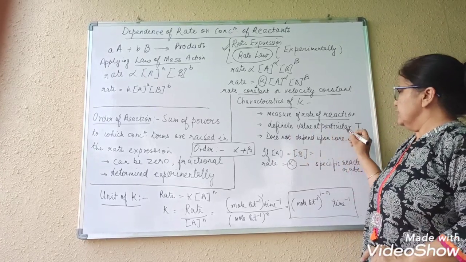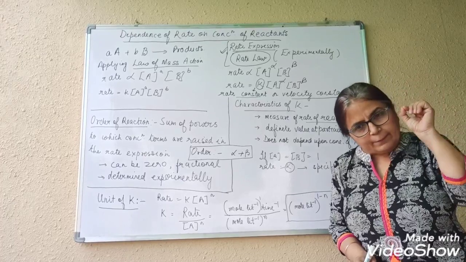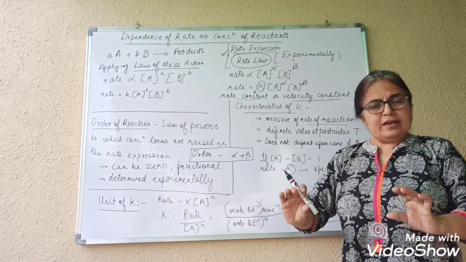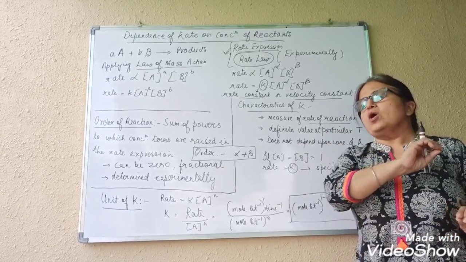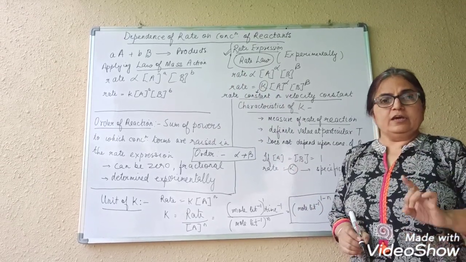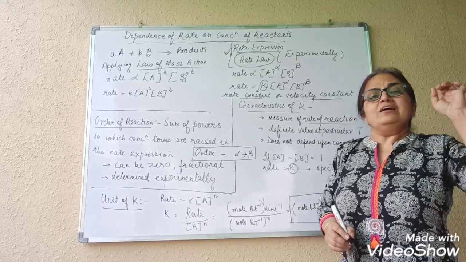The second factor is that K has a definite value only at a particular temperature. That means for one particular reaction carried out at one temperature, throughout the completion of the reaction, K will remain fixed. If I change the temperature, the rate constant K will change.